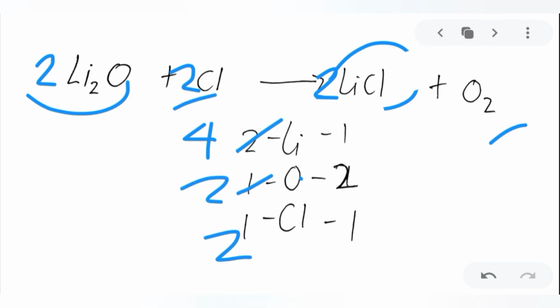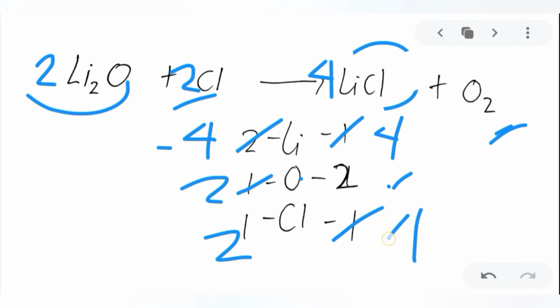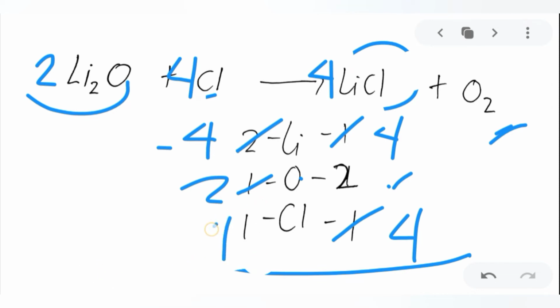And on the product side, you have to change this one into 4 for lithium here, so that will be 4. And then for oxygen, that is still 2. And then for chlorine, that is 4 pieces of chlorine. So this chlorine here is not yet balanced, so you have to change this 2 here into 4. So you now have 4 here. So they are already balanced.